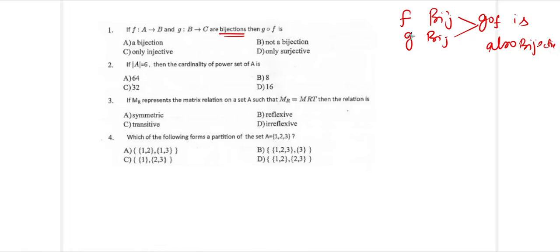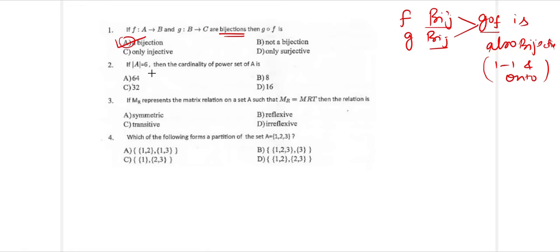So this is going to be the property. If F is 1-1 and onto, you call it bijective, and G is 1-1 and onto, it is bijective, then G composition F will also be 1-1 and onto. So this will imply that G composition F is also a bijection. So the answer is going to be A over here.